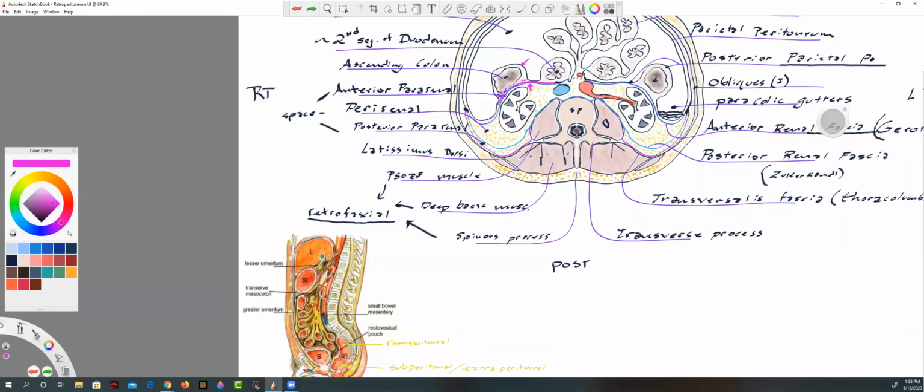Okay, good. Technically, if it's behind the peritoneum, I don't know how to draw it across here, but the same thing over on this side. All of that is anterior pararenal space. Okay, that just started getting ugly, so I'm going to get rid of some of that.